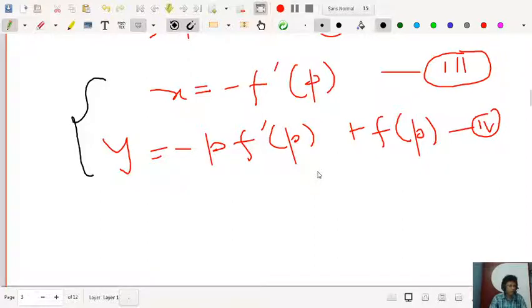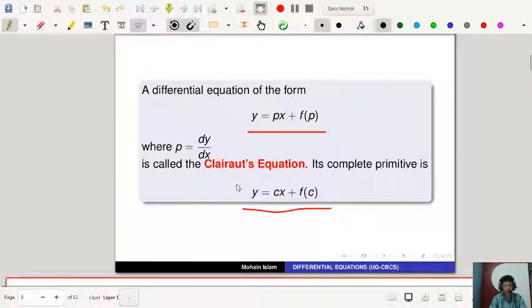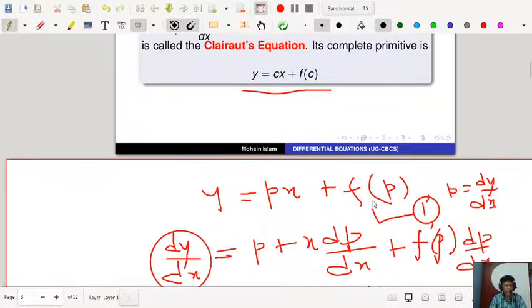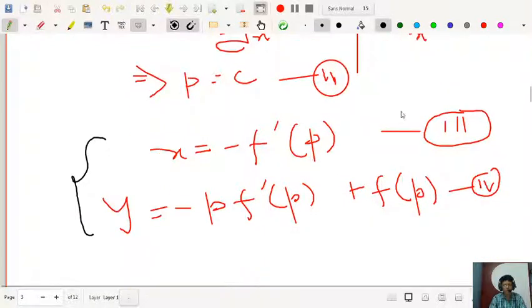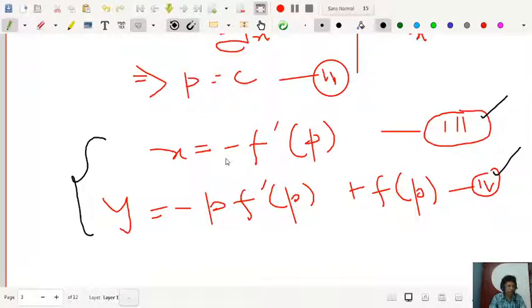So Clairaut's equation is observed to contain two sets of solutions: the general solution involving an arbitrary constant of integration, and the singular solution involving no arbitrary constants. If you are interested in finding the singular solution, solve 3 and 4, eliminate p, and you will get a relationship between x and y that gives the singular solution.